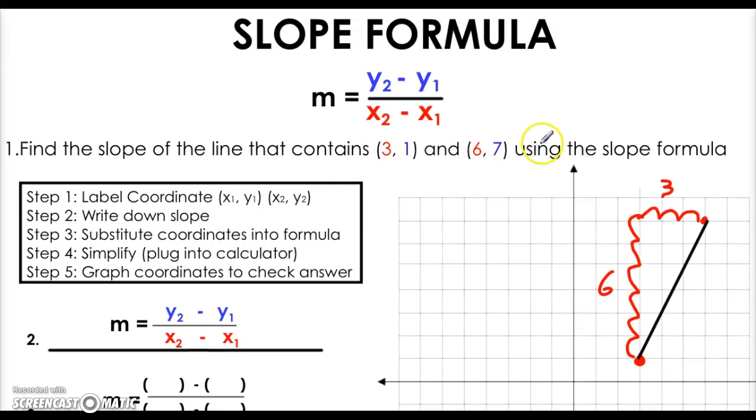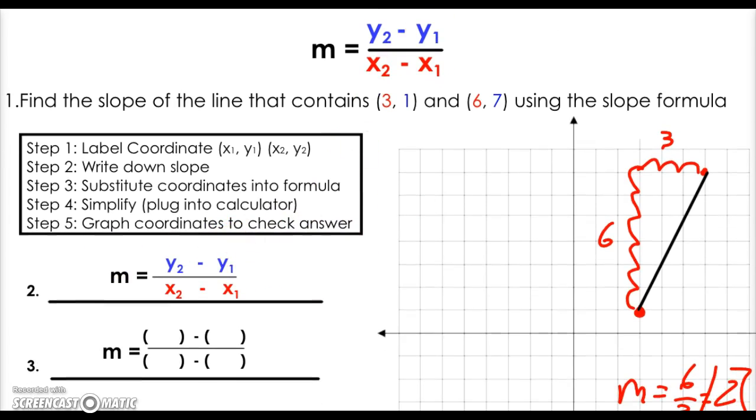But another way to do it is use this formula. So what you do is you just label it. So to find the slope, we're going to say that this is x1 and this is y1, and this is x2 and this is y2. The little numbers just say that this is our first point, 3 is our first x, 1 is our first y, and these 2s mean that this is our second point.